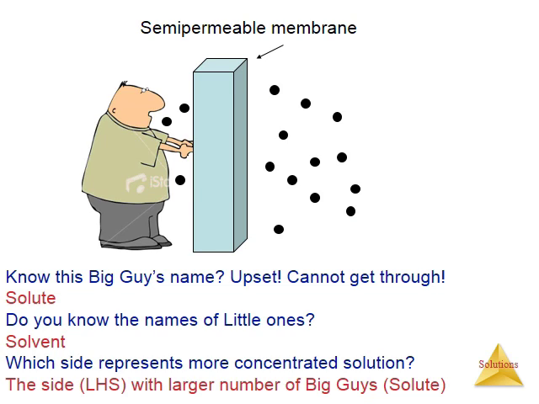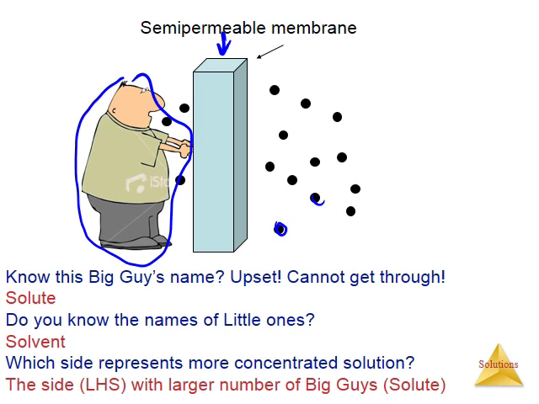In this slide, we're going to explain a semi-permeable membrane, which is this, and a solute molecule on the left hand side. This big guy is a solute molecule, and these tiny ones are the solvent molecules which can readily pass through the semi-permeable membrane.